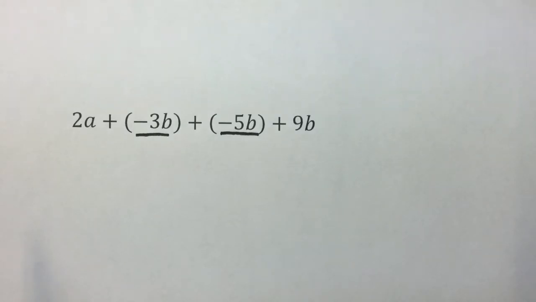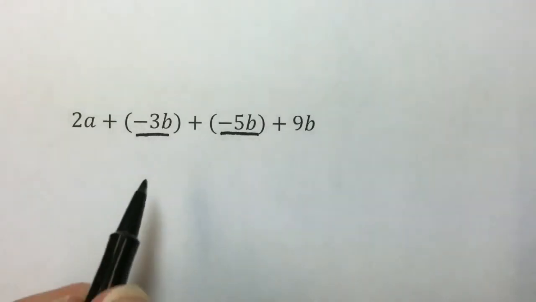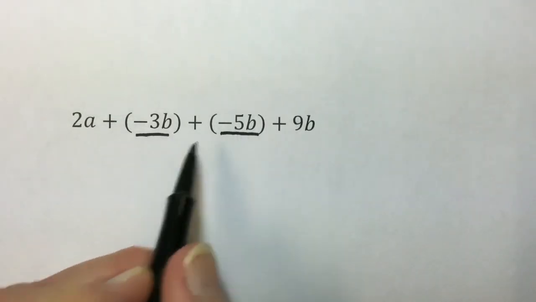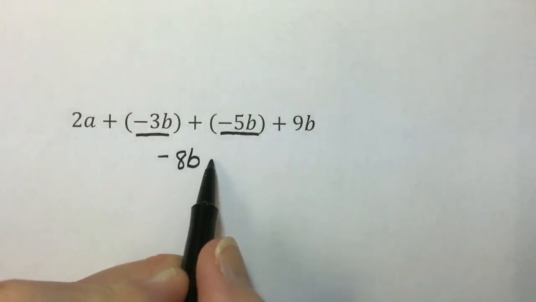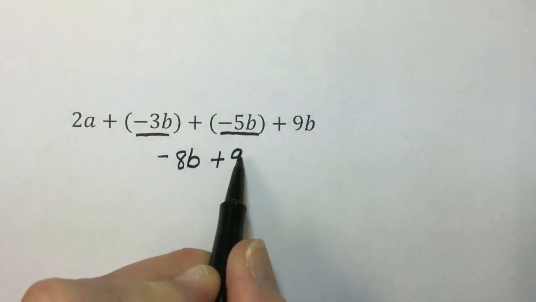Adding two negatives together, we add them and put the negative sign on those. So negative 3 plus a negative 5 is a negative 8b, and then we will consider adding the 9b for a final simplification.